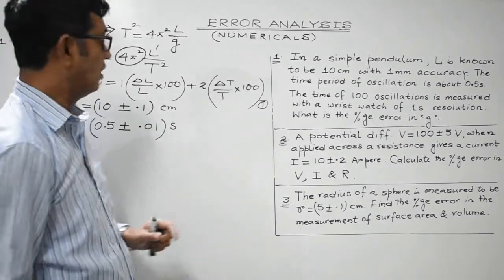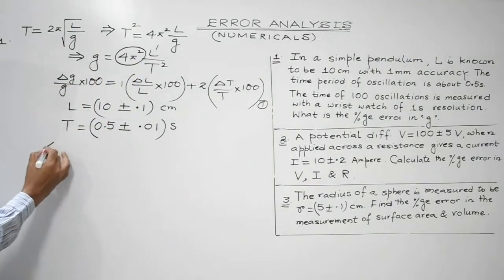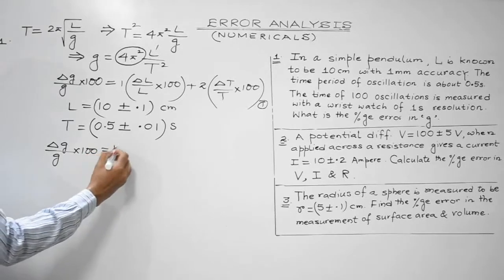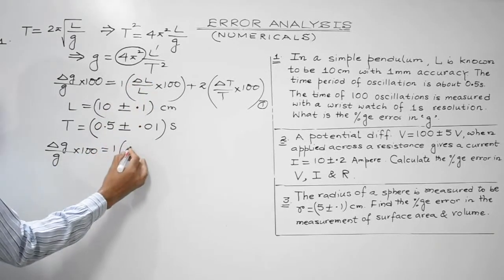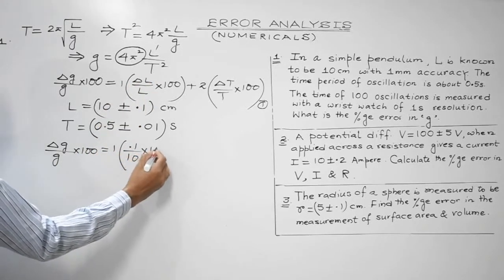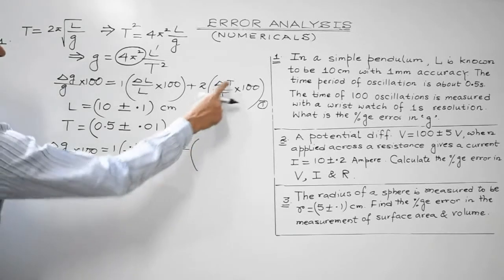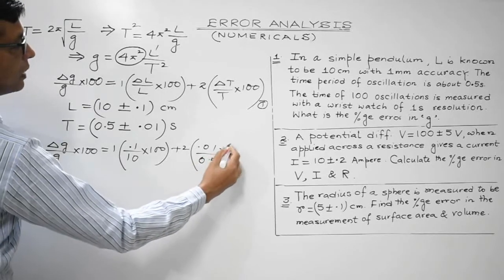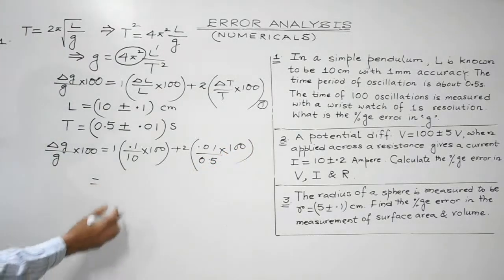Understood students? So now let's substitute the values and get the result. Del g by g multiplied by 100 equals 1 times del L, this is 0.1 divided by 10 multiplied by 100, plus 2 times del T, which is 0.01 divided by T, which is 0.5, multiplied by 100. Let's solve it.